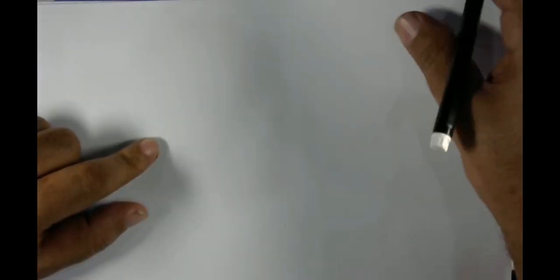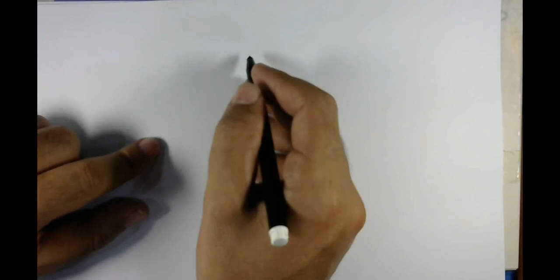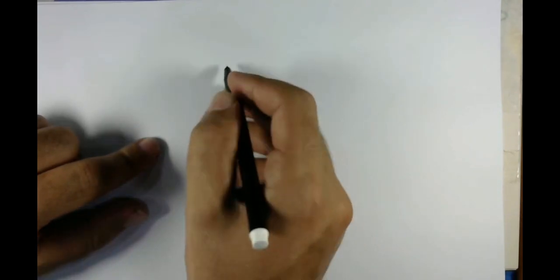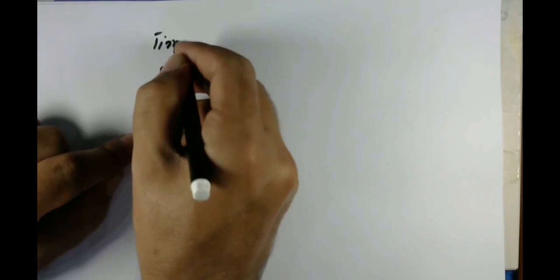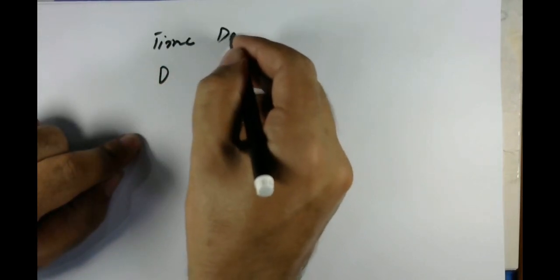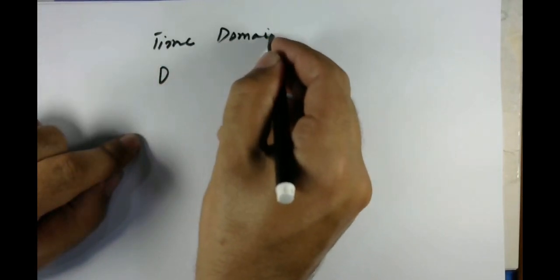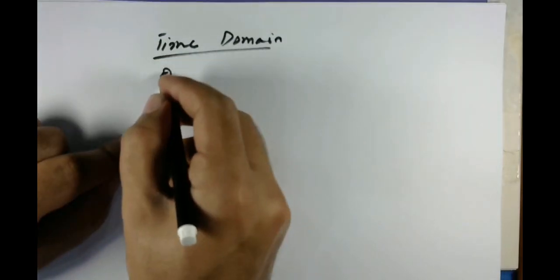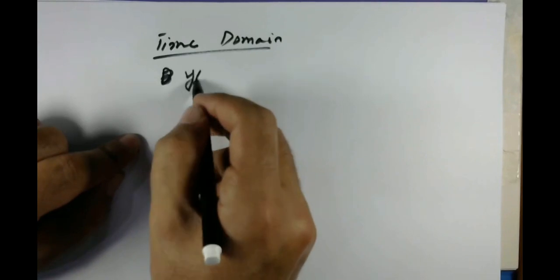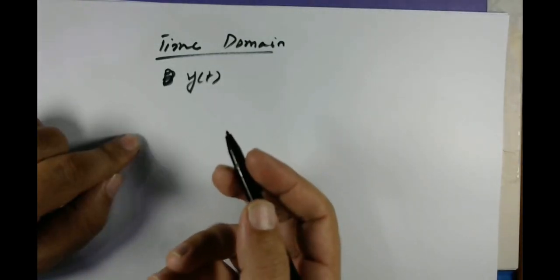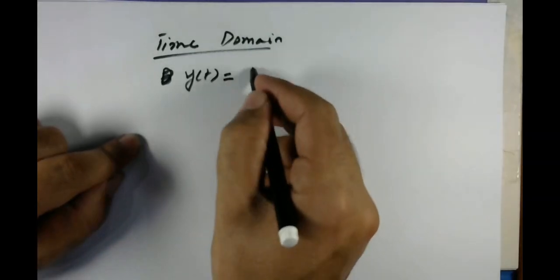That consisted of solving a differential equation. So for a solution in the time domain, finding our output, say y of t, we need to solve differential equations.